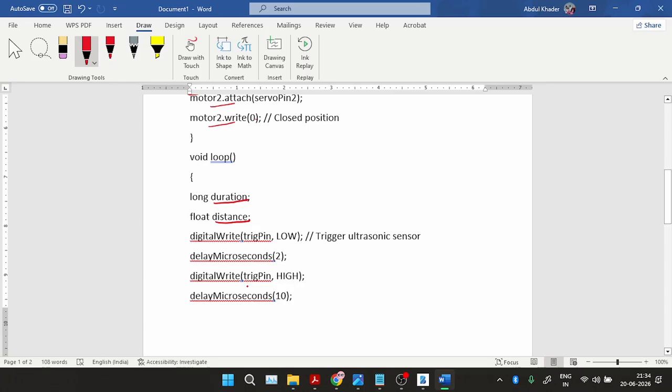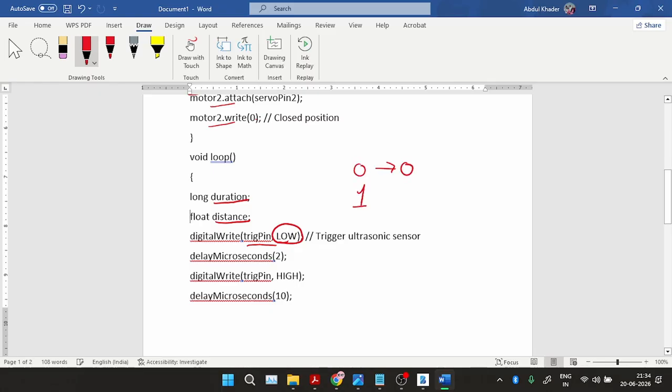When I'm starting the timer, it must be at 0. From that point onwards only, I will be able to calculate the exact time for the echo, for the receiving of the echo from the starting duration. For that, initially, whatever the value of the trigger pin is, I don't care. I'm just going to keep it as low. So initially, if it is 0, it's going to stay 0.